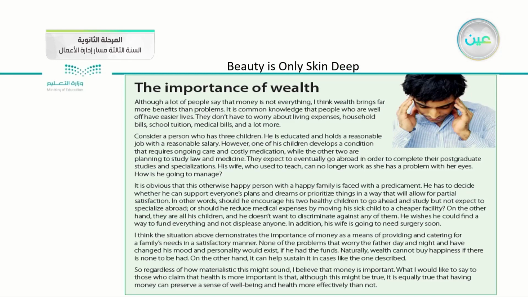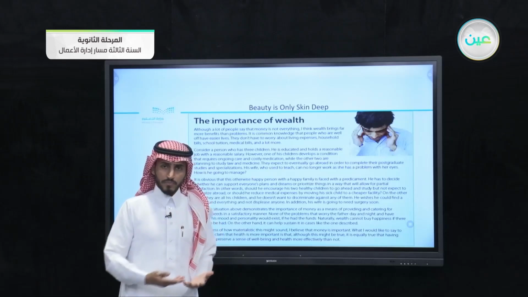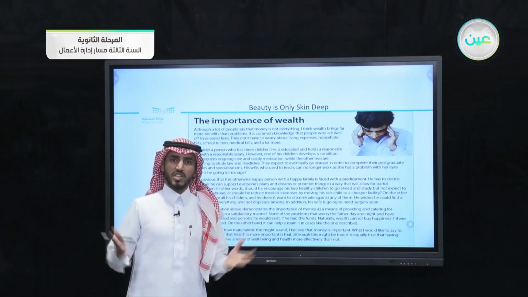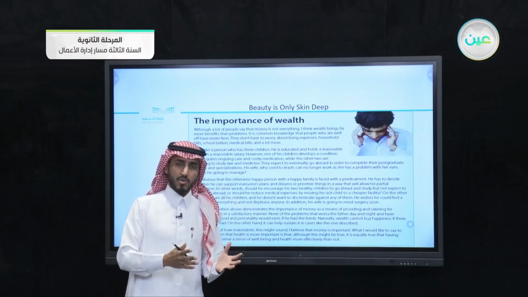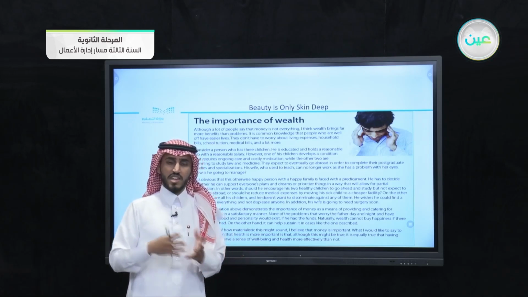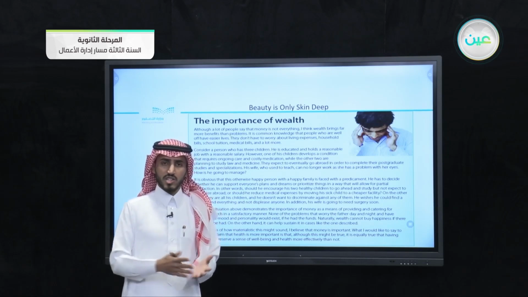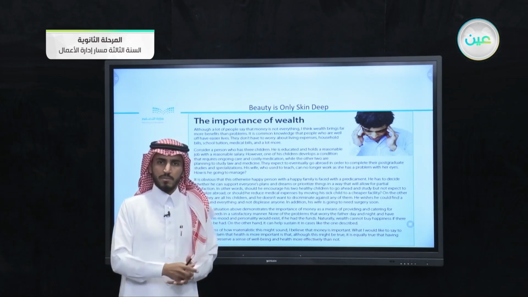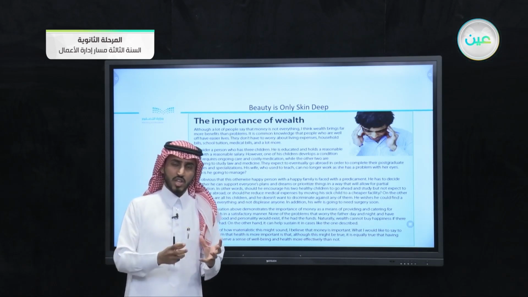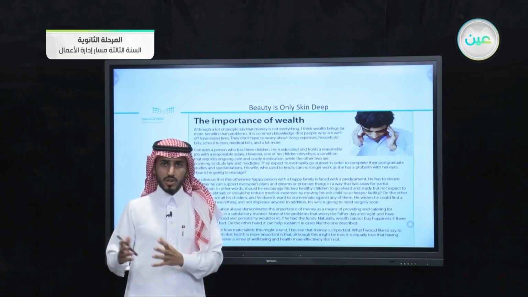How did that happen? The author has used many examples. One of them is when he said, consider a person who has 3 children, he provided us with a situation where a person has a kid who has an illness and needs ongoing diagnosis and so on. So this is an example that you can provide to convince people of your own thought.